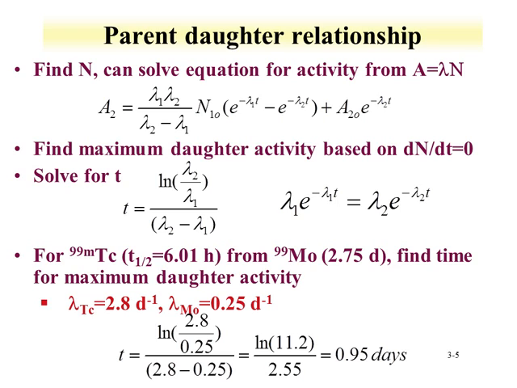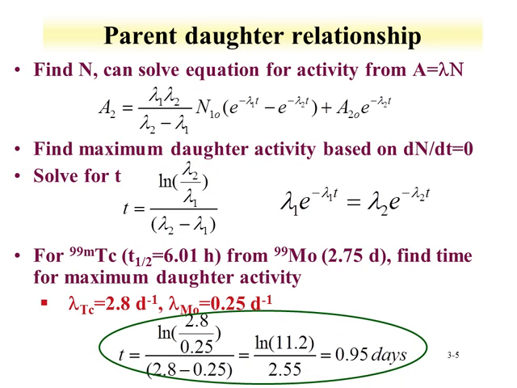I'll take this equation, put in these constants, solve, and it comes out to be about a day. So this says that if I have a technetium-99m generator, after I use it once, if I wait a day, I'll reach a maximum activity where I can elute some more technetium-99m off the generator.